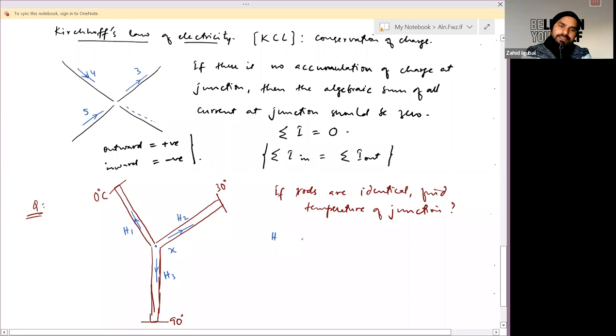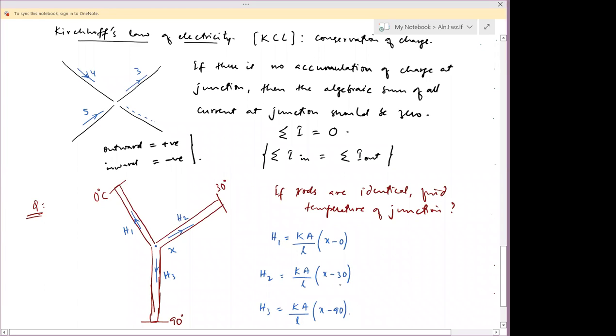According to the formula, H1 equals KA divided by L times the temperature difference, X minus 0. In the second part, H2 equals KA by L times X minus 30. And in the third part, H3 equals KA by L times X minus 90. Ifra, is it clear? Yes, sir.